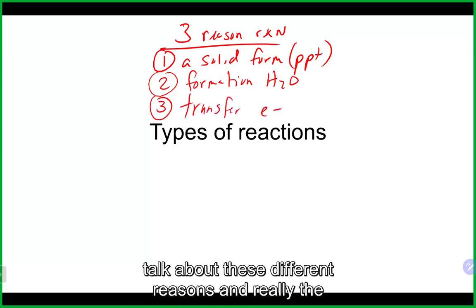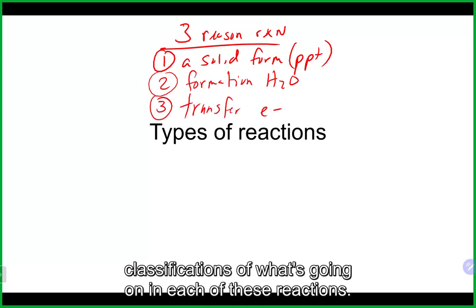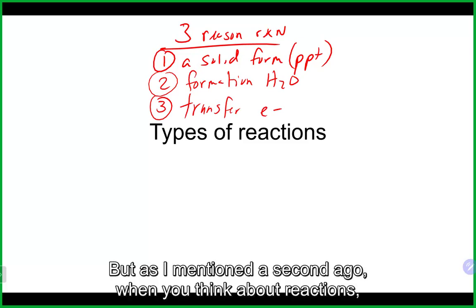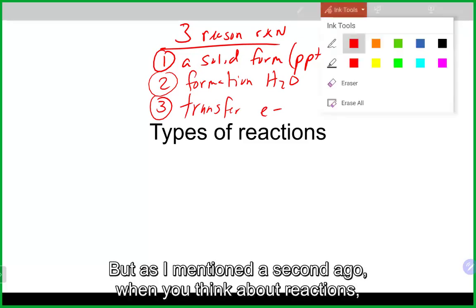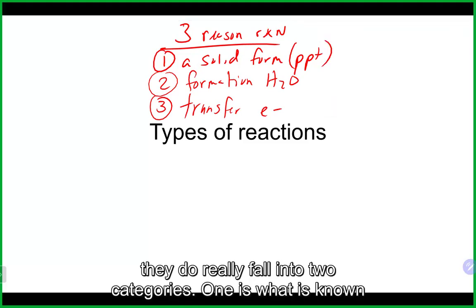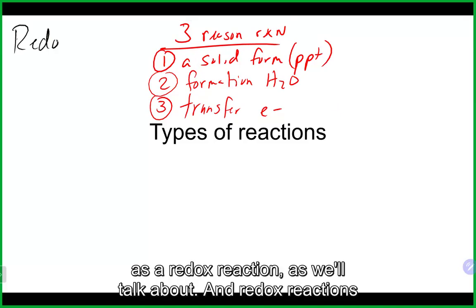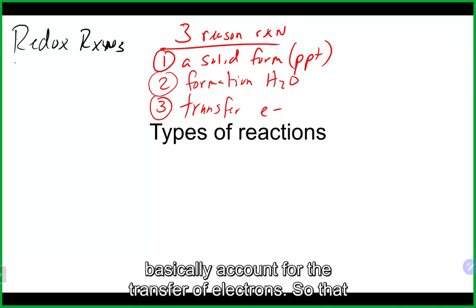We're going to talk about these different reasons and the classifications of what's going on in each of these reactions. As I mentioned a second ago, reactions really fall into 2 categories. One is what is known as a redox reaction, and redox reactions account for the transfer of electrons.